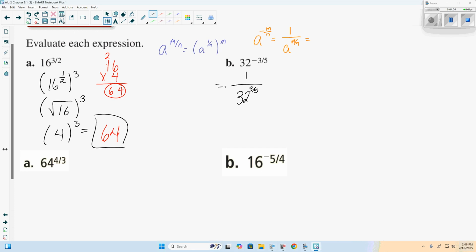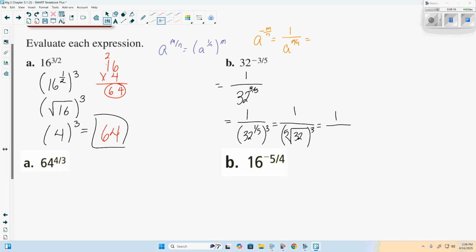Now at this point, it's going to get the same treatment as what we just did, because we can rewrite our 32 to the 3/5 as 32 to the 1/5, to the 3rd. And 32 to the 1/5 is the same as saying we want to take the 5th root of 32.